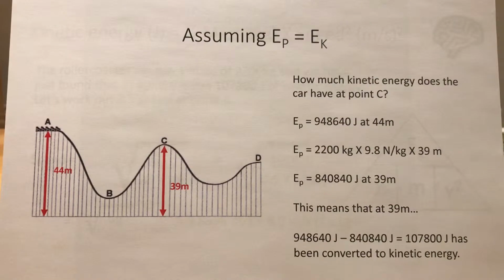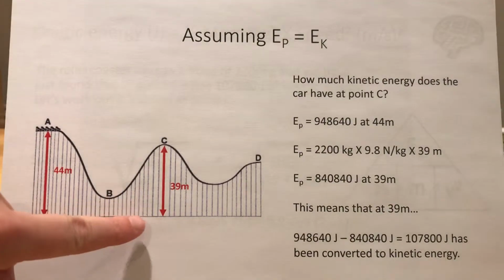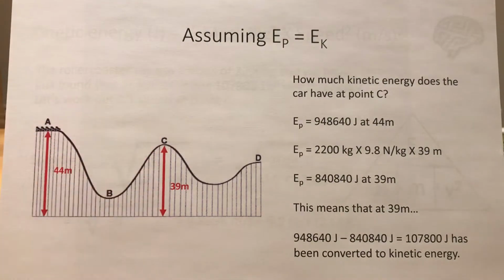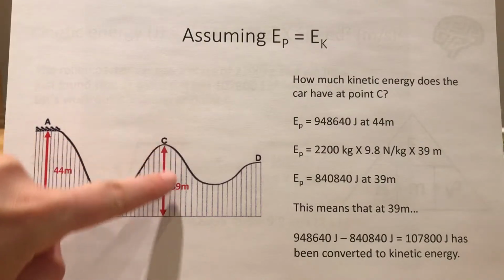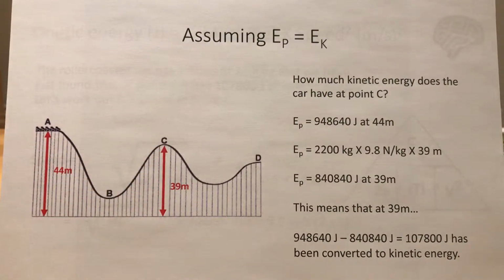So we just calculated for 44 meters, point A, and we need to know how much kinetic energy there is at point C, which is 39 meters high. And if we assume that all of the gravitational potential energy becomes kinetic energy, if we work out the gravitational potential energy here at point C, then we can work out the difference between those two, A and C, and we can work out how much kinetic energy it's got at point C.